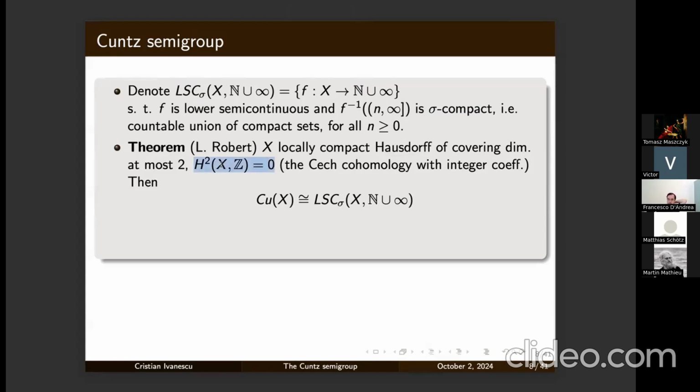Because the Euler class of a fiber bundle will be 0. That means you don't allow any non-trivial bundles. Then he shows that the Cuntz semigroup is precisely this semigroup of lower semicontinuous functions, which has the property that the pre-image is sigma compact. So this will include the square. This calculation will include the square because obviously the covering dimension is at most 2 in this theorem.